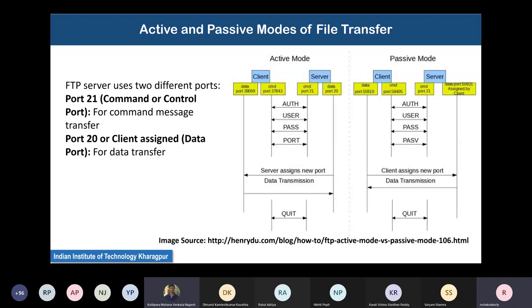The FTP server itself, just one server, uses two different ports. Till now, we have seen other types of servers, for example the HTTP server, which listens to actually two different ports by default, 80 and 8080.